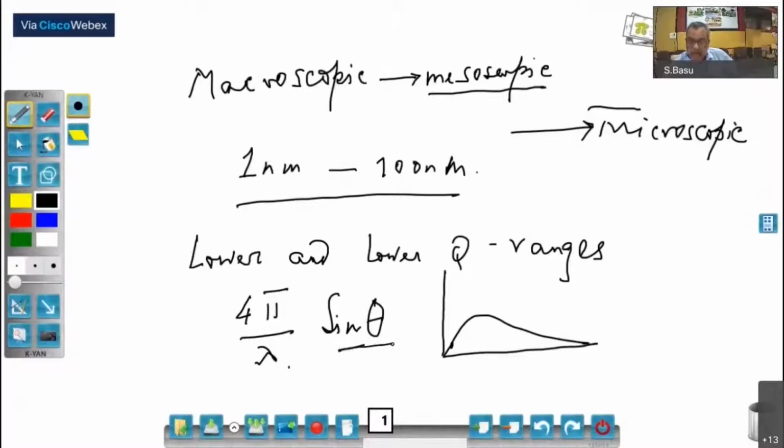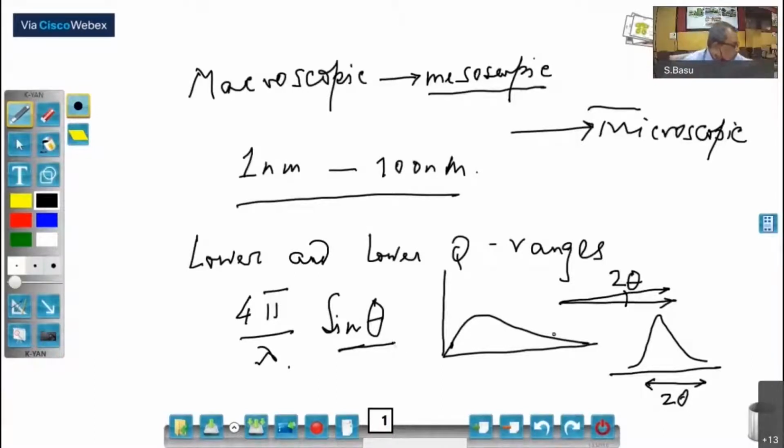And smaller theta means, if this is the direct beam, if I go to smaller and smaller theta, how small can I go? Because my direct beam has got a width in theta, it is not a perfect delta function. So that will dictate how small in theta I am able to go. So these are the challenges for the small q world.